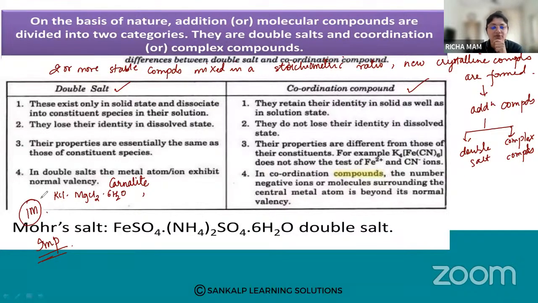What is the formula of Mohr's salt? FeSO4.(NH4)2SO4.6H2O. Very, very important.